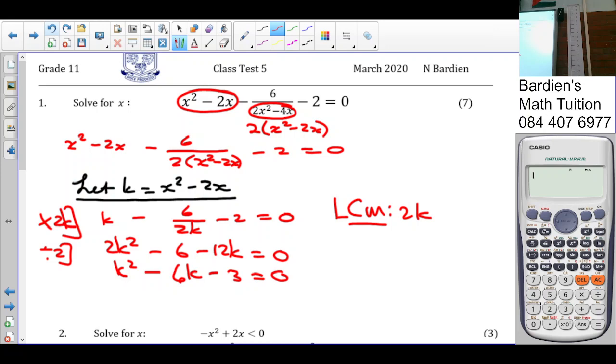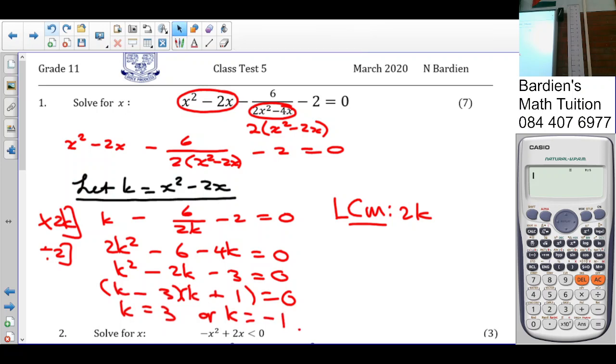I made a mistake here somewhere. How do I get 12 here? That's the mistake. Supposed to have been 4. Thank you. So that gives us a k value, k and 3, k and 2, and 1, minus and plus. So k is equal to 3, or k is equal to negative 1.